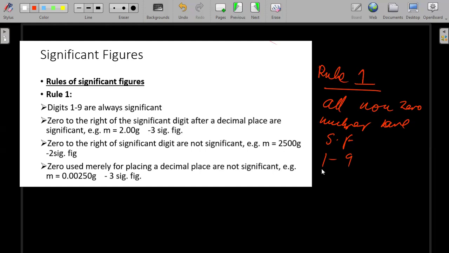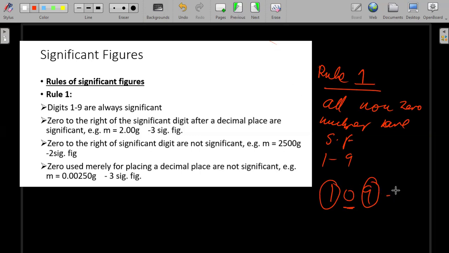We are going to find zeros that are in between non-zero numbers. For example, we get a number which is looking like this, let's say 109. We have a zero here which is in between two non-zero numbers. Such a zero is going to be a significant figure.